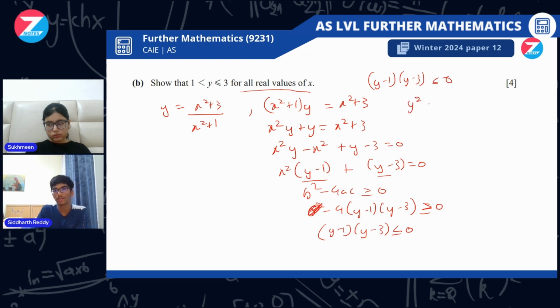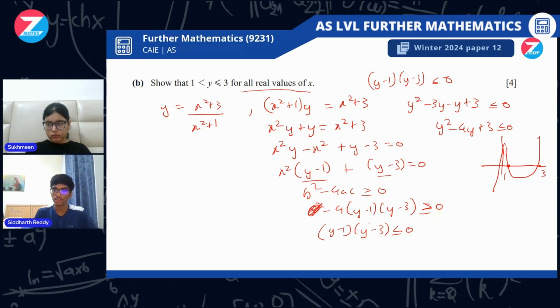Just expanding, we get y square minus 3y minus y plus 3 is less than or equal to 0. Y square minus 4y plus 3 is less than or equal to 0. So we just draw this quickly. We get something like this, where the solutions are 1 and 3.